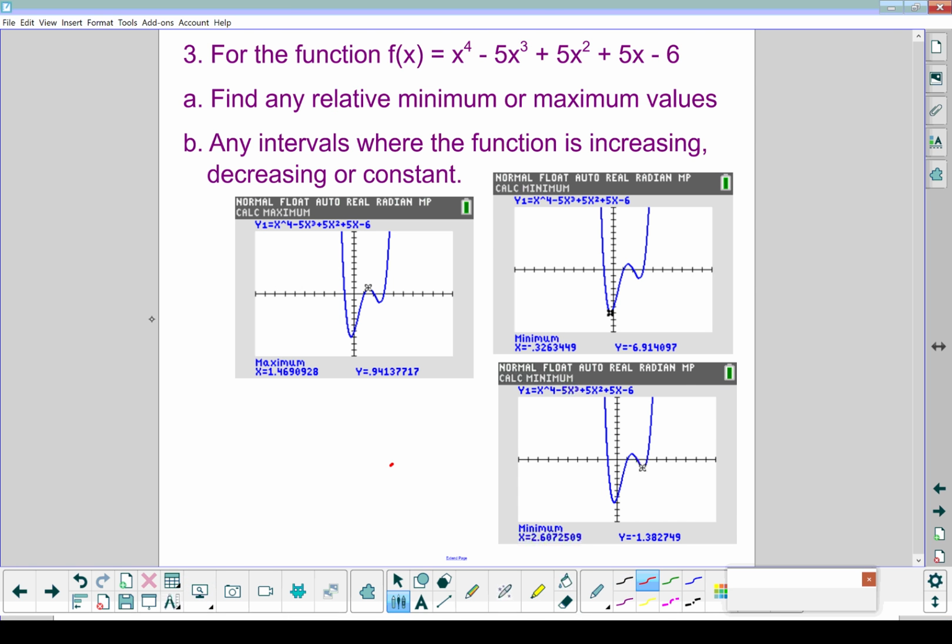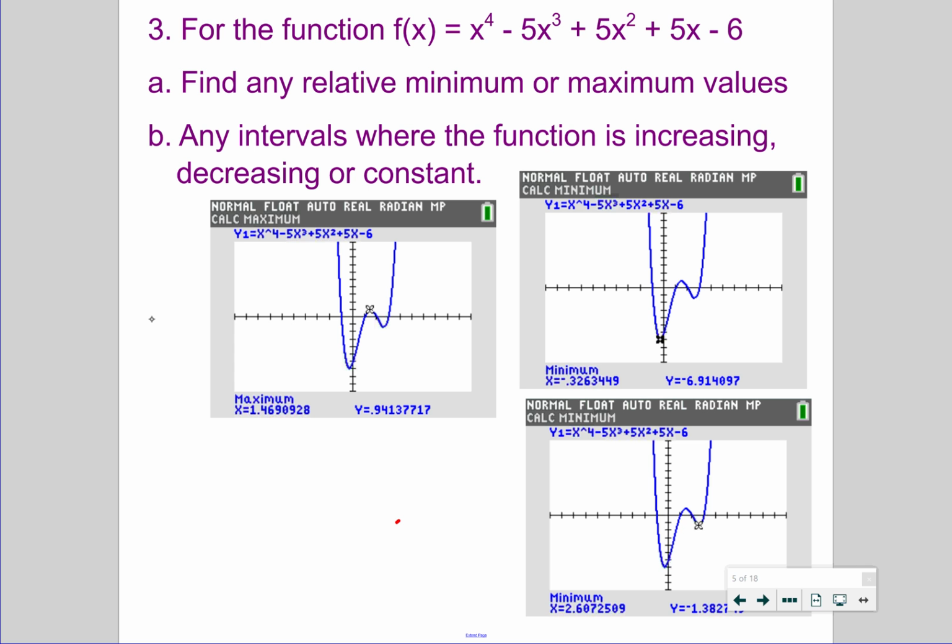Done with the calculator for now. And I'm going to round to the nearest hundredth, 2 decimal places. So I have a maximum at 1.47 and 0.94. I have a minimum, if I'm looking at the one that's on the top right over here, at -0.33 and -6.91.